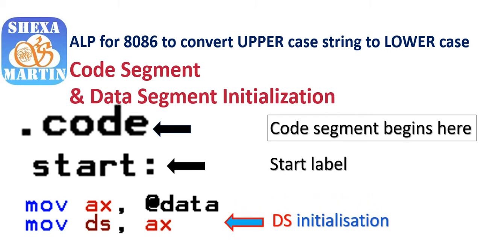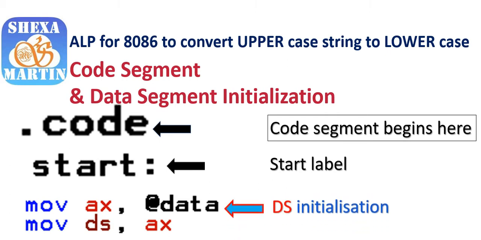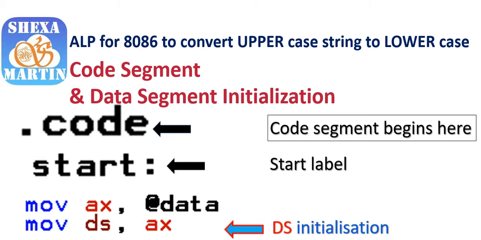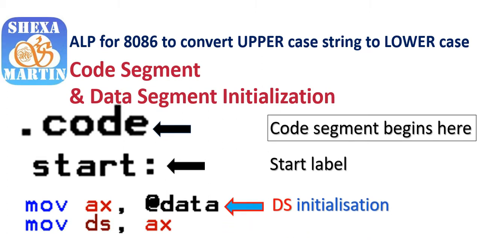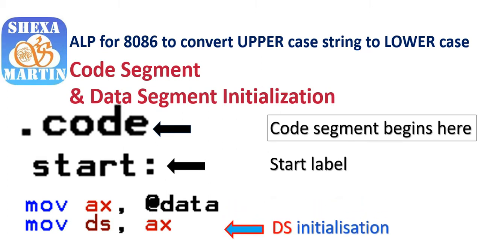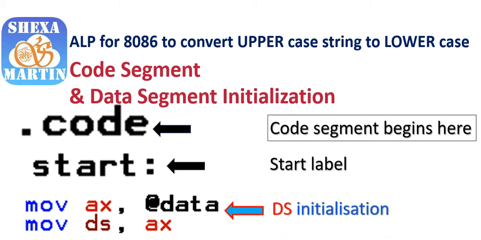We then move the data from AX to the data segment register DS. That's how we initialize the data segment in ALP.